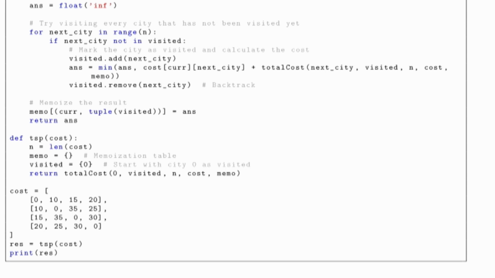Memo is initially empty, and visited is 0. We start from 0, so we already put 0 in visited, and then let it explore other cities, and then we call this total cost function. So it will do this recursive call 0 to 1, and then the remaining calls will be recursively called, and so on, and all the cities will be explored because of this loop here.